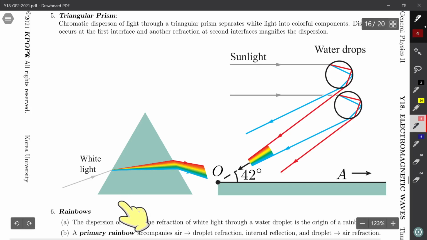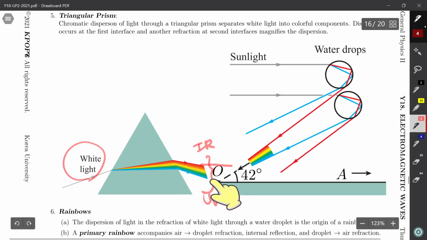For example, if white light passes through a prism, we have a spectrum. This is IR, red, blue, and UV. The shorter the wavelength, the more deflected.